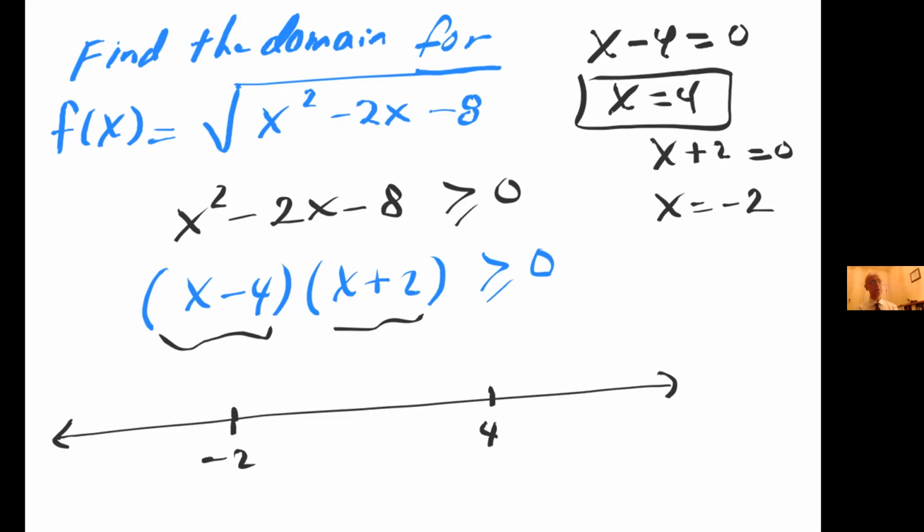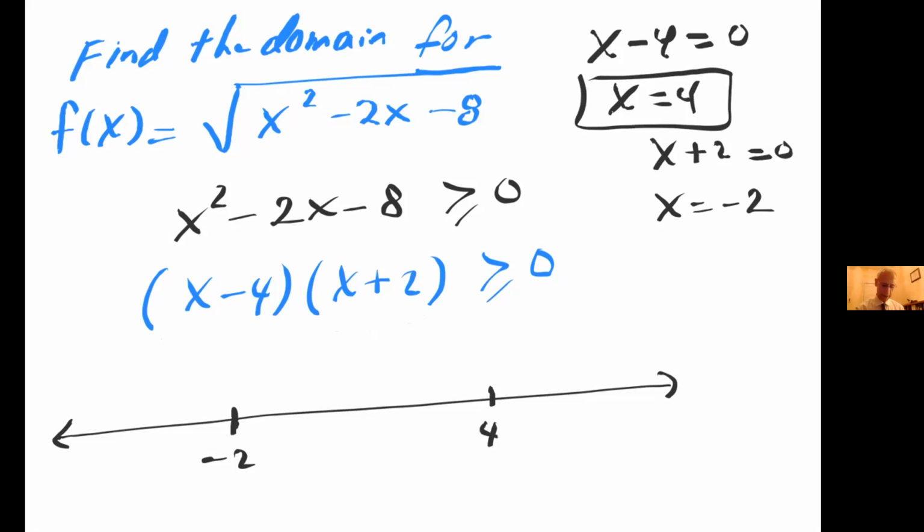What can I do here? I'm going to test numbers to the left of negative 2. I want to know if the numbers to the left of negative 2 are part of the domain. How do I do that? I can pick any number to the left of negative 2 and assign that number for x. Let's say negative 3.